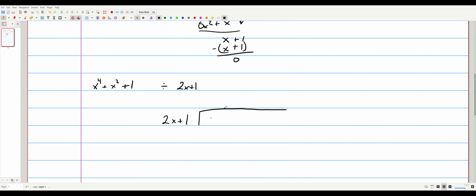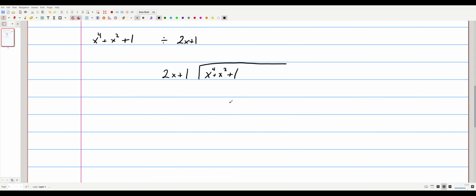it'll look like this. But what I'm going to tell you now is that what you should do is anywhere you have a missing term, and so what do I mean by this? Well, notice that we don't have an x cubed term in this polynomial, right? And so what you should do when you are doing long division is you should leave a placeholder.